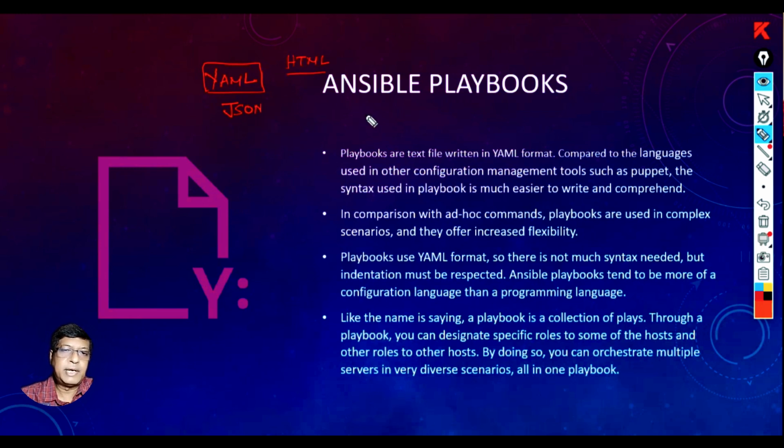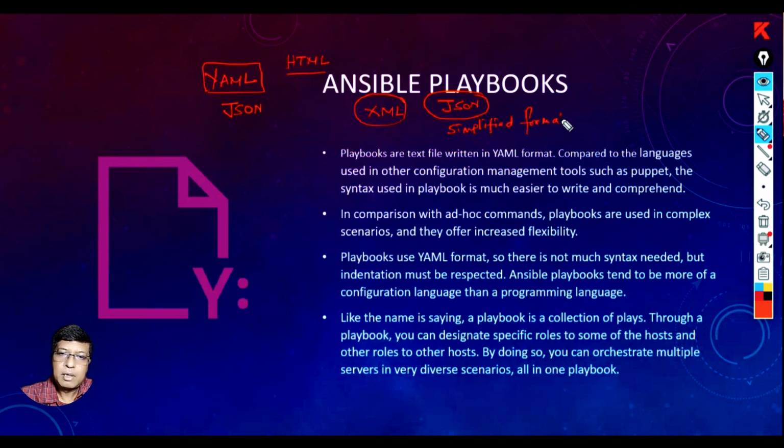See, over the internet, the most popular data exchange format was XML. XML was used extensively earlier, but with the advent of JSON, nowadays most developers and users over the internet use JSON because it is a very simplified format of data exchange.